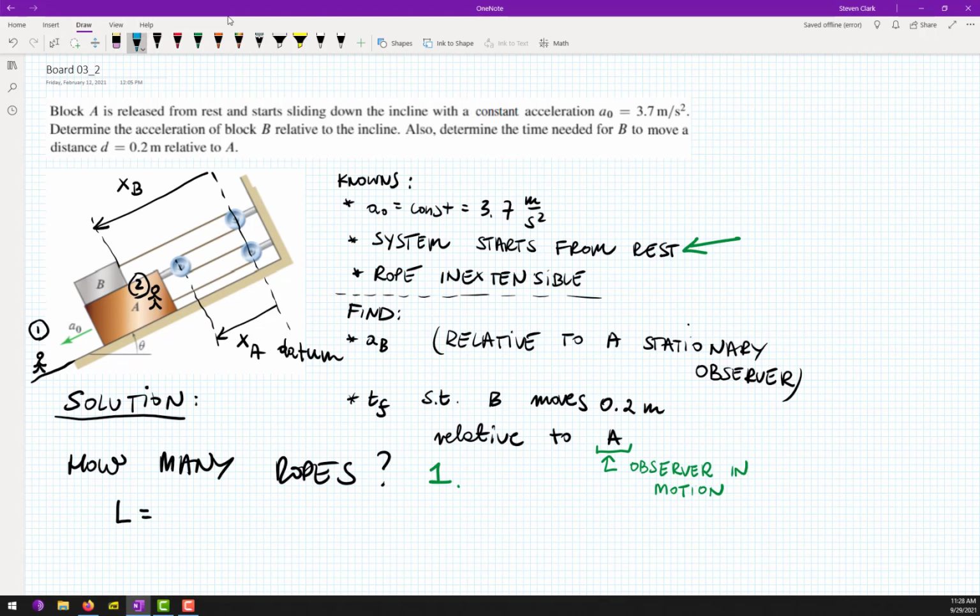So we clearly have three blue chunks and one red chunk. So our rope has length XB plus 3XA. Any questions?